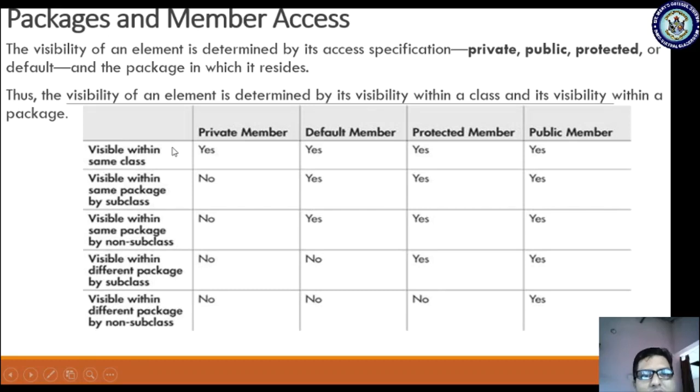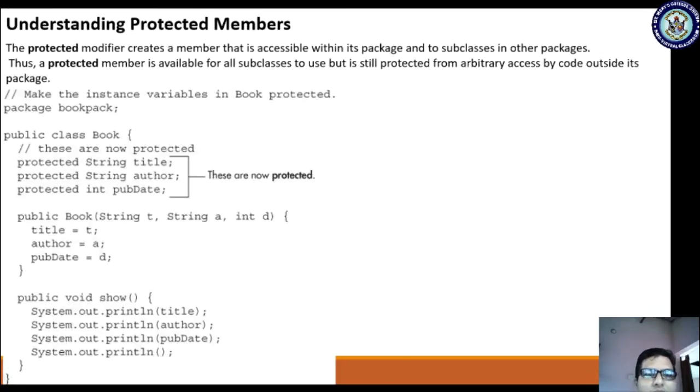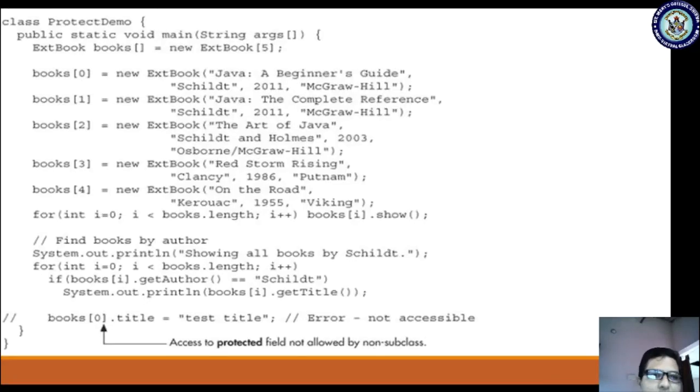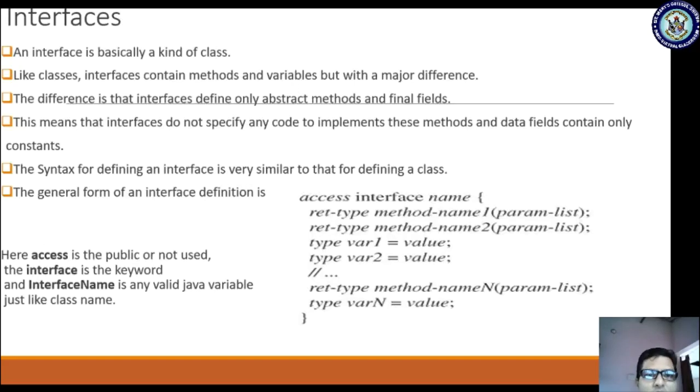And packages and member access, as we know, modifiers private, public, protected. If you are implementing them in packages, then what scope and what visibility appears, right? Next we are understanding the protected members and its program. Interface is a very important concept.